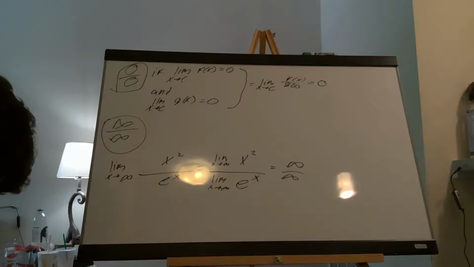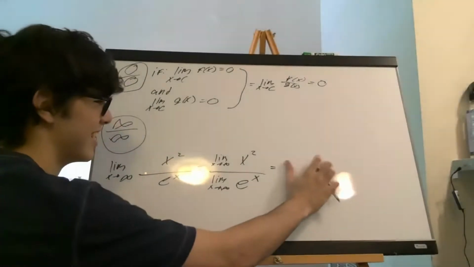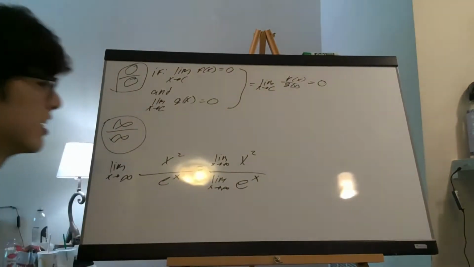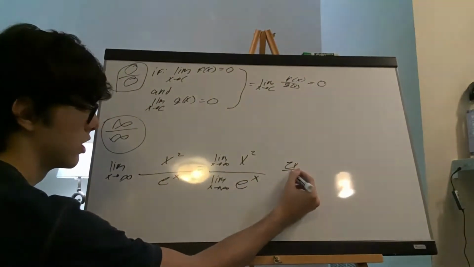So L'Hopital, this guy, he was like, oh snap, check this out, y'all. You can just take the derivative of that until it works. That's pretty much what he said. So you can go like 2x.